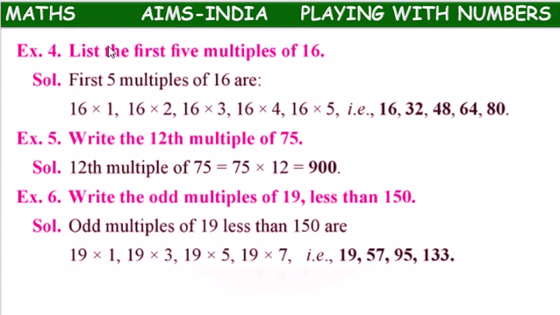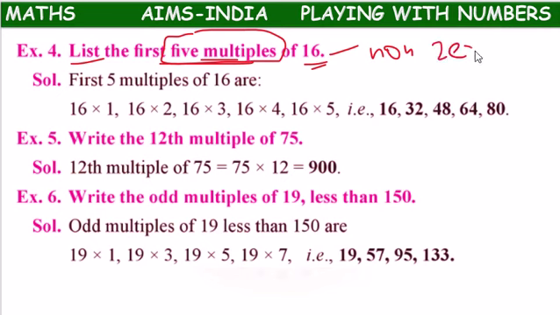Next. List the first 5 multiples of 16. Normally, whenever they ask multiples, we will consider non-zero multiples only, though they have mentioned or not mentioned. But when they mention whole numbers, then we have to take 0.